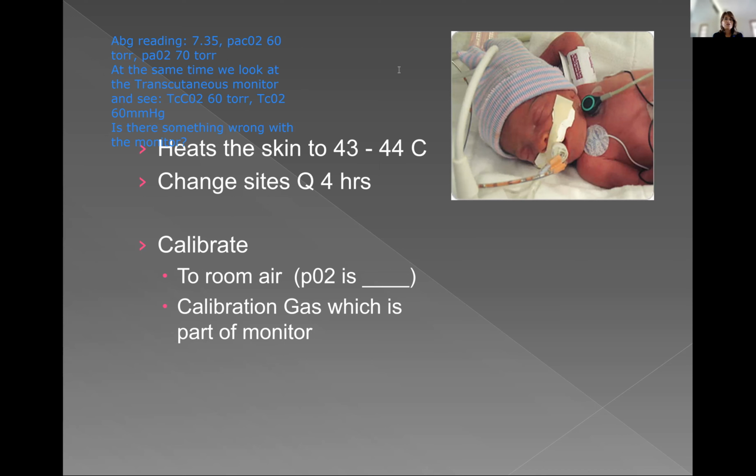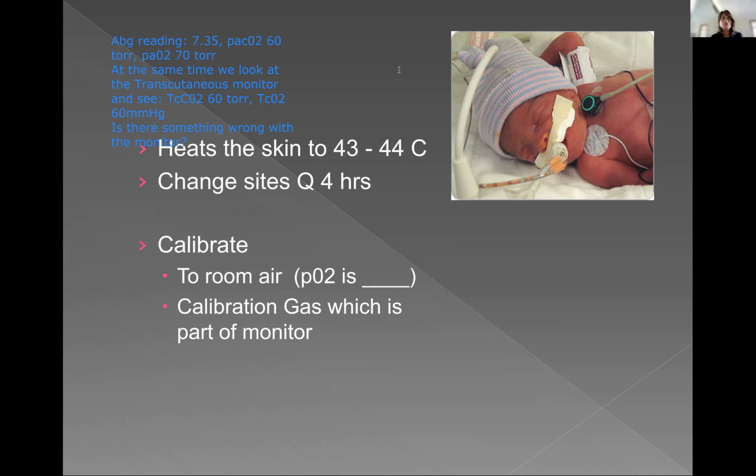At the same time, we look at the transcutaneous monitor. It says the transcutaneous CO2 is 60 torr and the transcutaneous O2 is 60 torr. Is there something wrong with the transcutaneous monitor because it's not reading the correct oxygen? Very good.